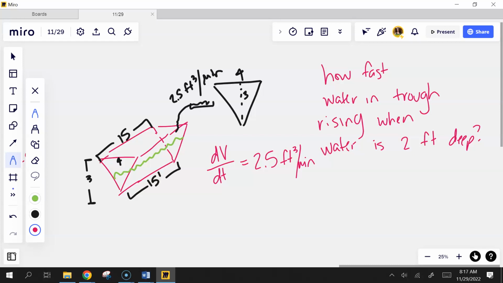I think it's going to be area of the triangle times the length times the height. Let's see. Yeah. One half base times height times length.